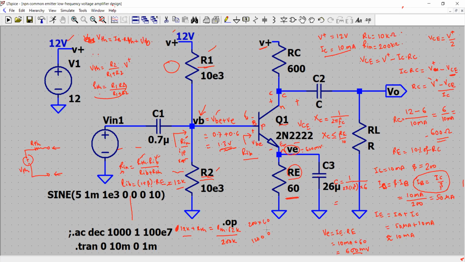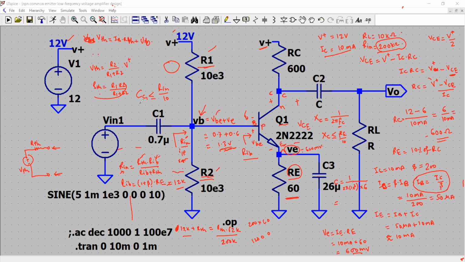Similarly, choose C1 and C2. We'll apply the same formula, XC is equal to 1 over 2 pi FC. So XC1 should be less than or equal to Rin divided by 10. Rin is 200 kilo ohm right here, divided by 10 is like 20K.